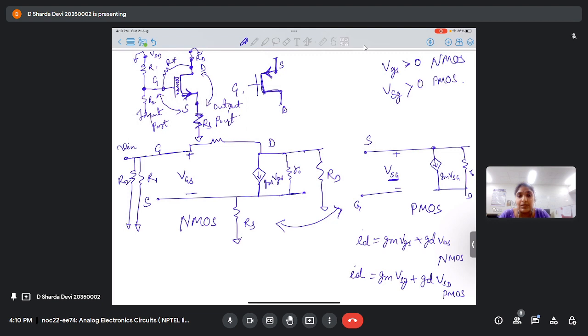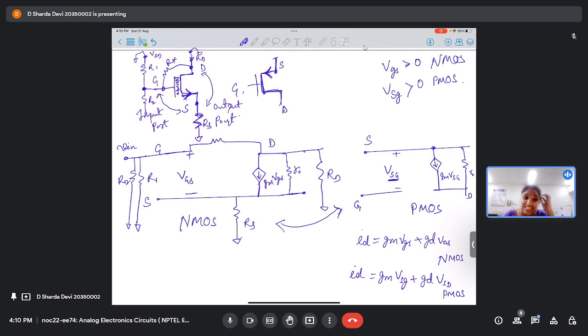Ma'am, which textbook do we need to follow for this, especially for problem solving? For problem solving, this level of problems you can find even in Razavi. Razavi's book, not Mazari.